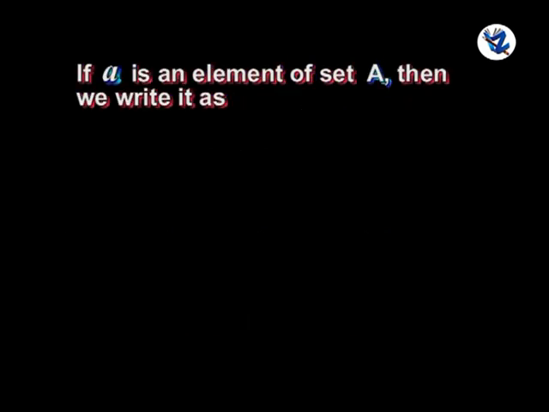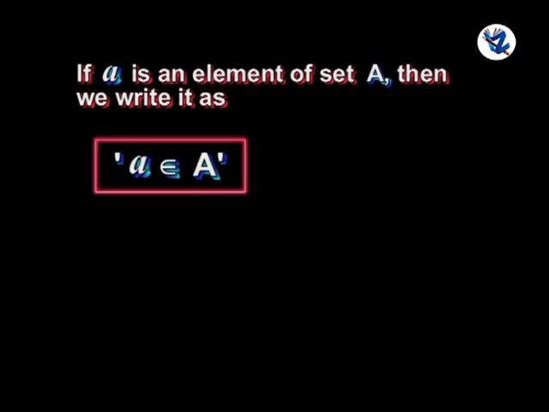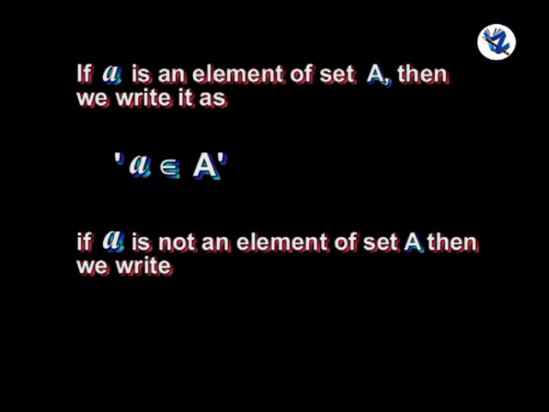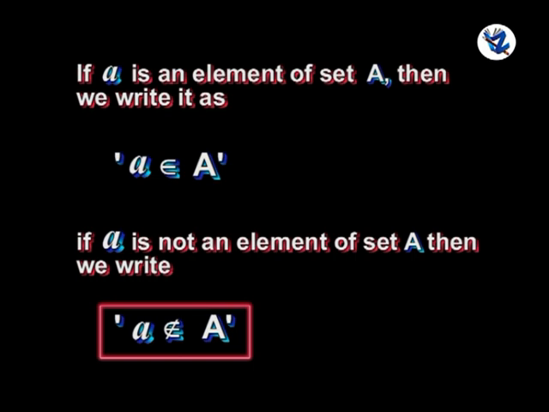If a is an element of set A, then we write it like this: a ∈ A, that means a belongs to set A. And if a is not an element of set A, then we write like this, which says that a does not belong to set A.